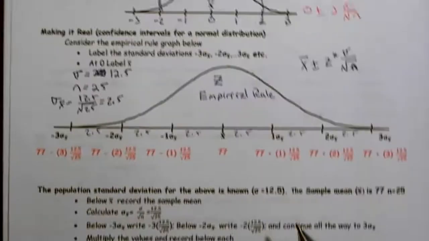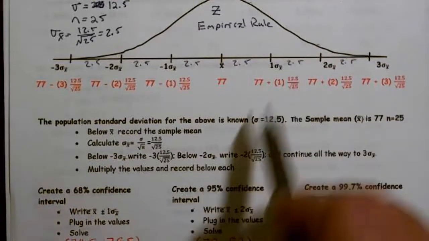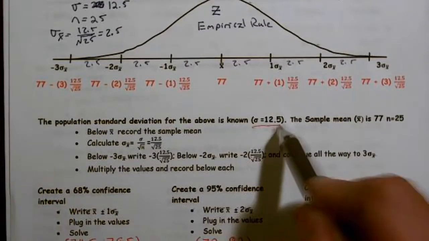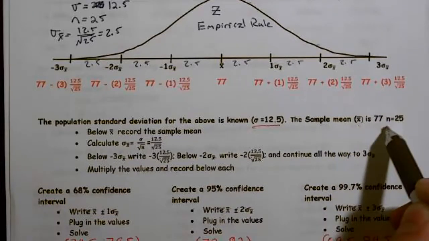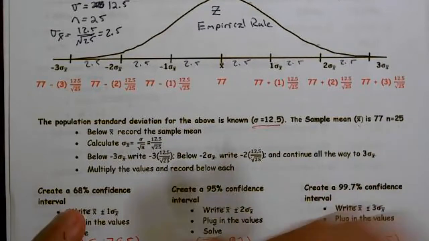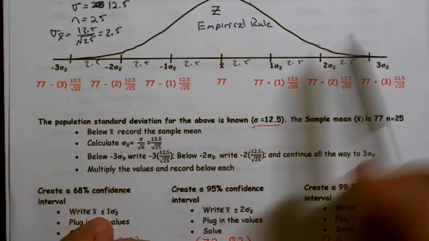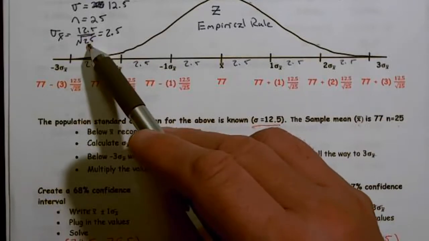So for our next one, we have a standard deviation of 12.5. Our mean is no longer at 0, it's at 77. So our X bar, our sample mean, is 77, and our n, our sample size, is 25.